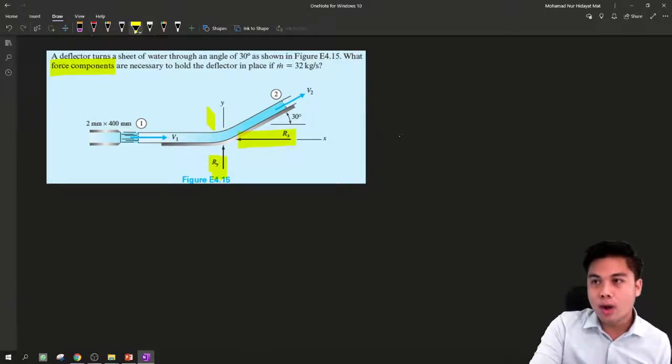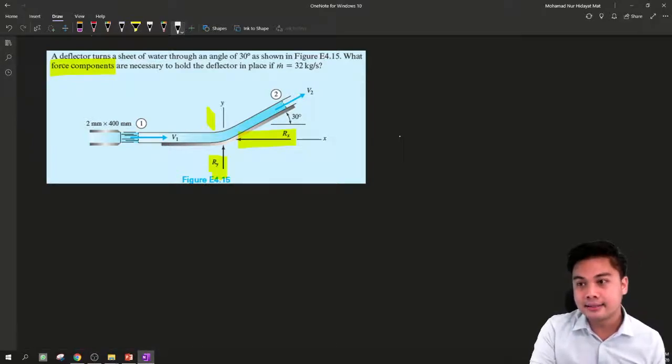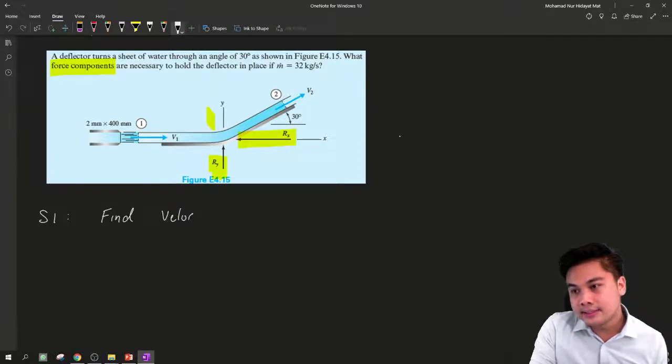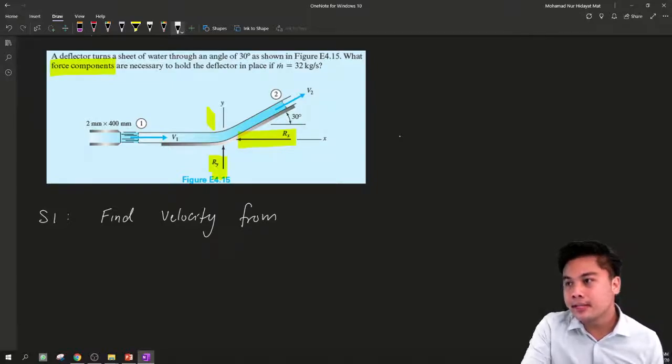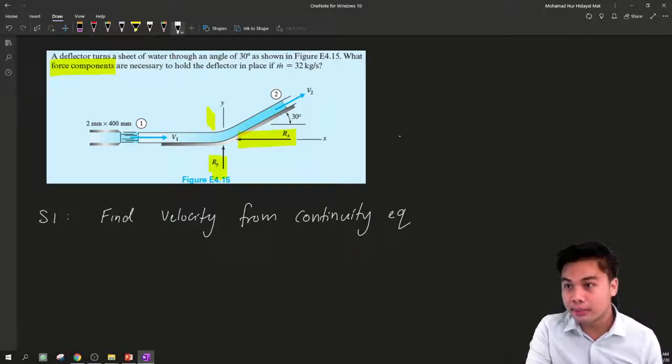So step number 1, we need to find the velocity from the given mass flow rate, using the continuity equation. So what's the continuity equation for incompressible flow? This is incompressible because this is fluid flow.